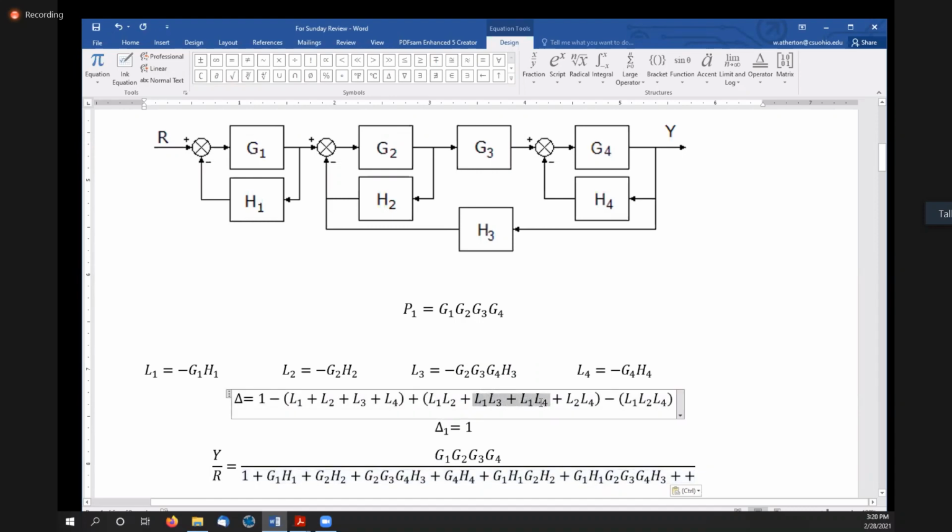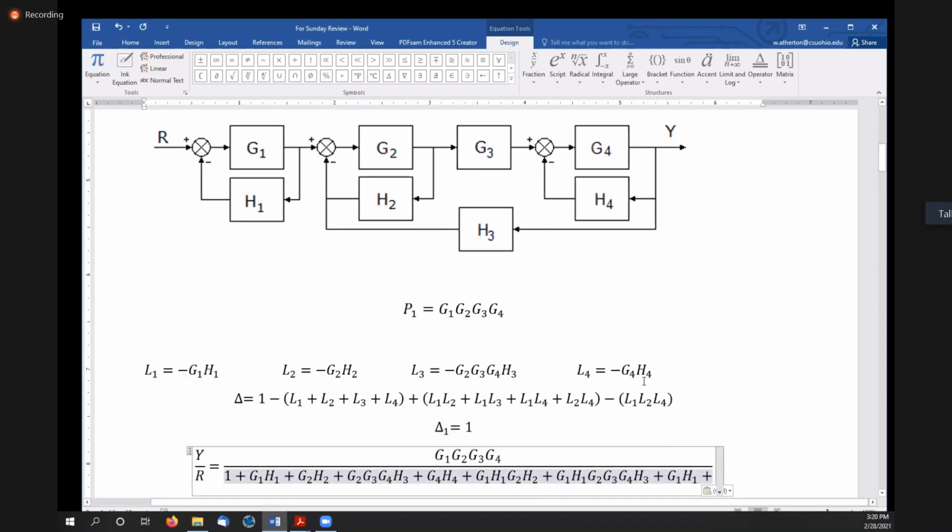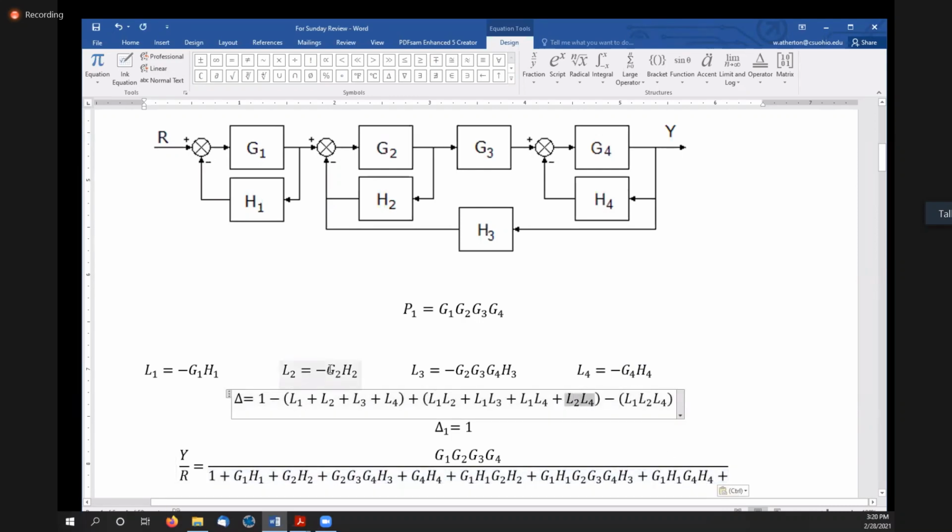So then I need loop 1, loop 4. And finally, loop 2, loop 4.